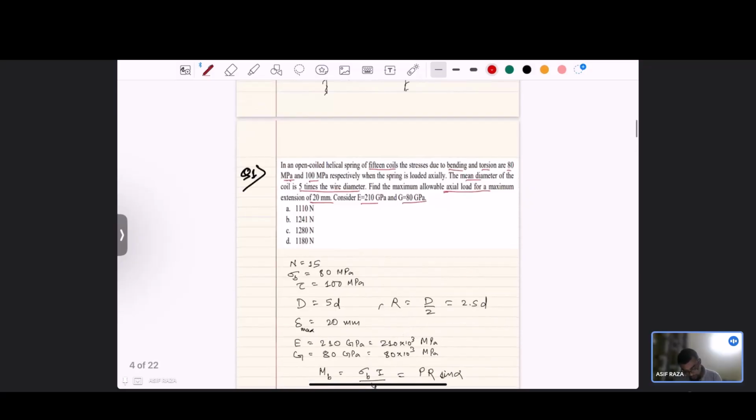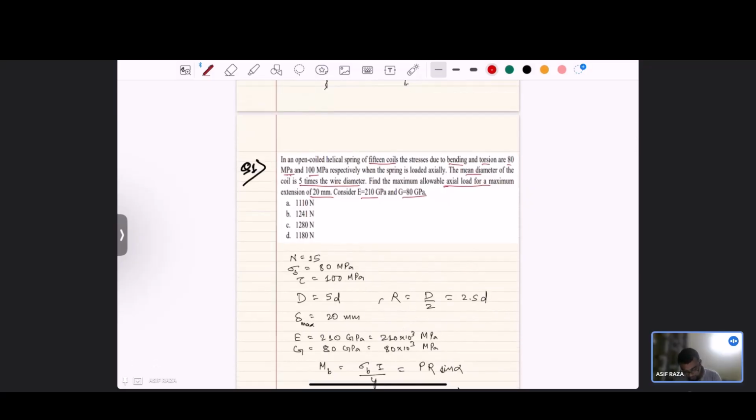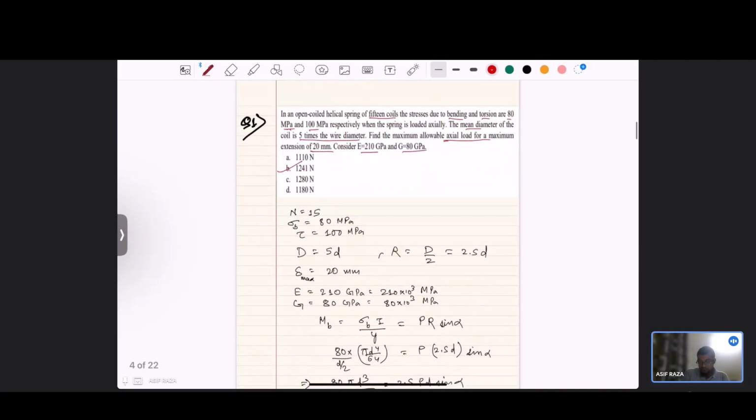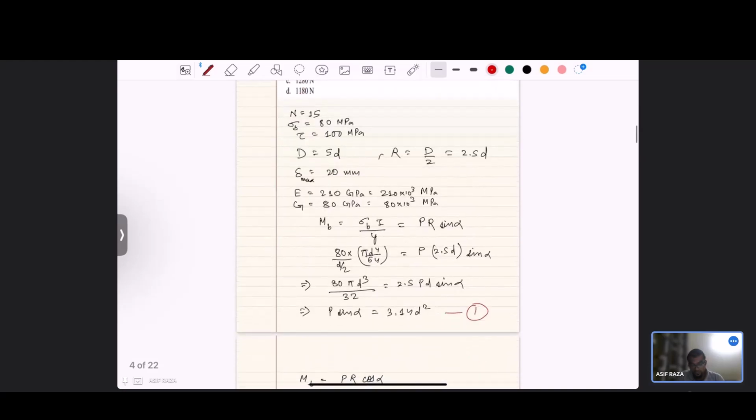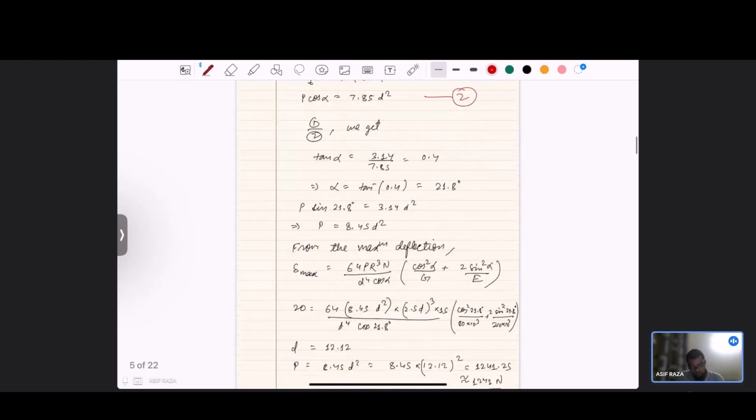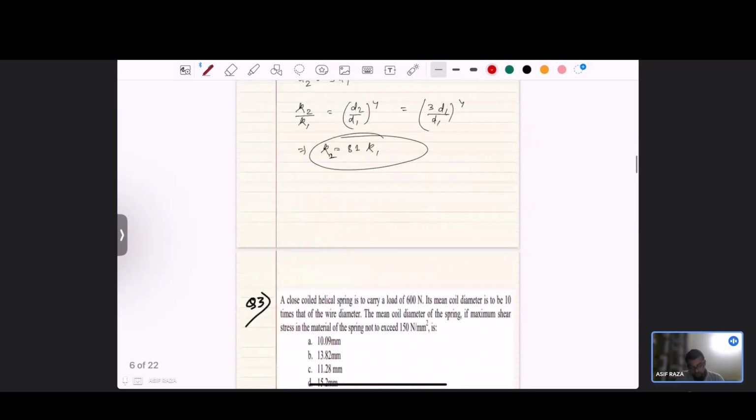Thus you can write answer would be option B, 1241 Newton. Okay, yeah. Moving on to the next problem.